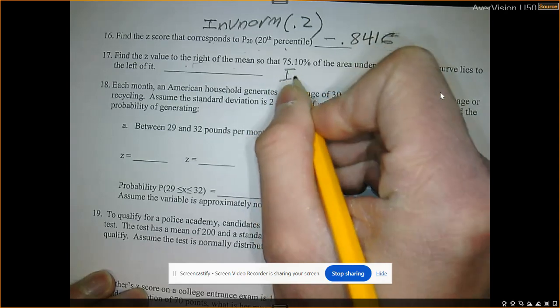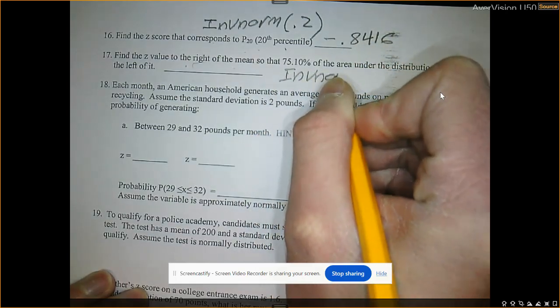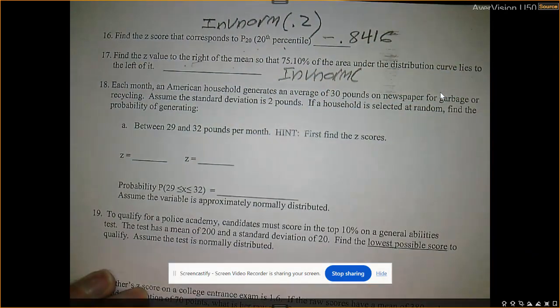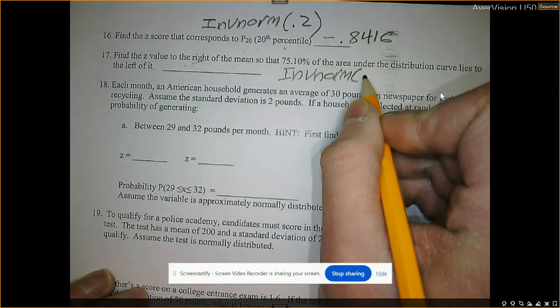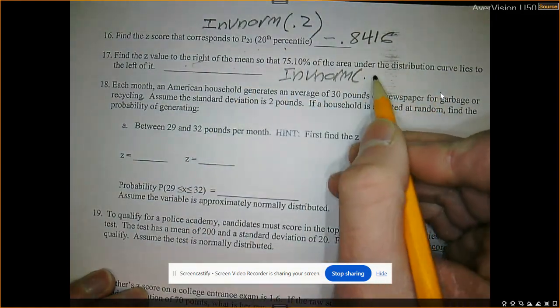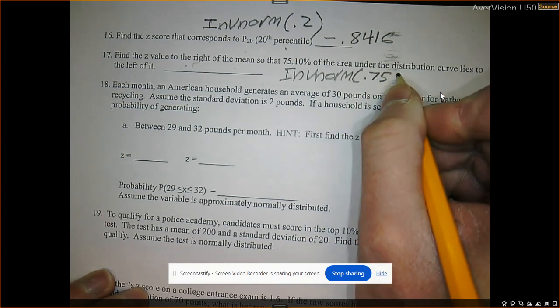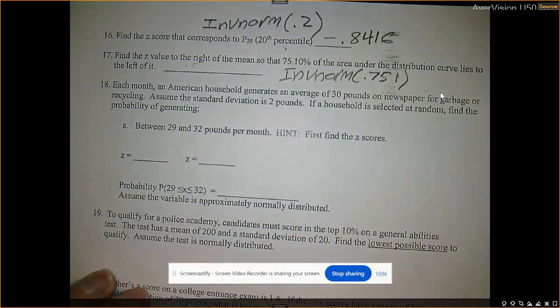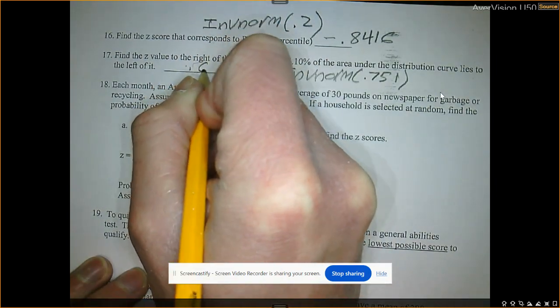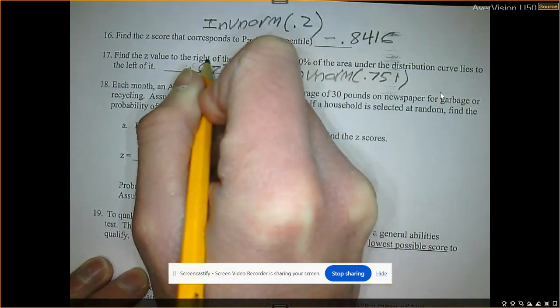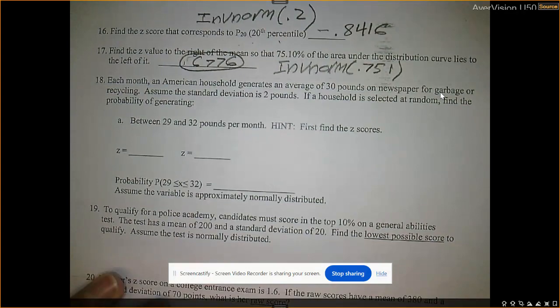So that still means you're doing inverse norm of, okay, again, you put in the number. So we're saying 75.1% lies to the left of it, so that's 0.751 that you're putting in for your inverse norm, and you should get 0.6776. Okay.